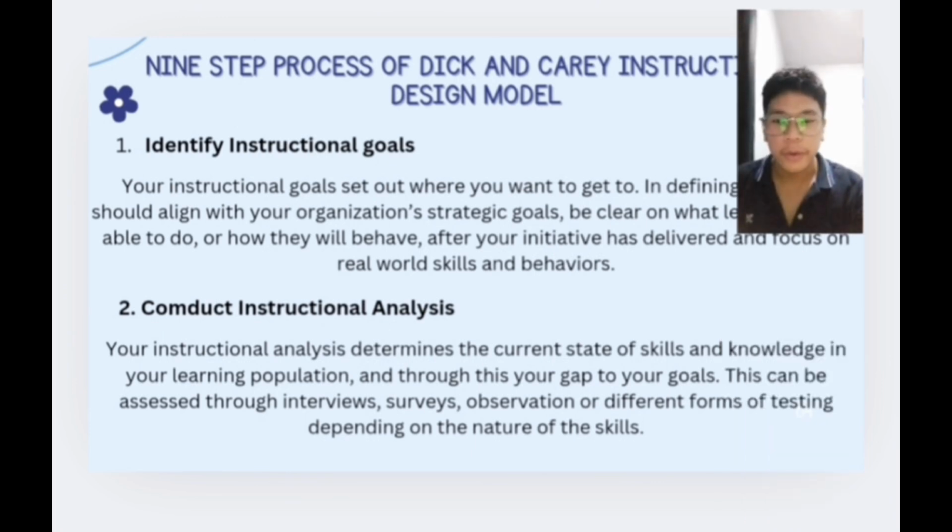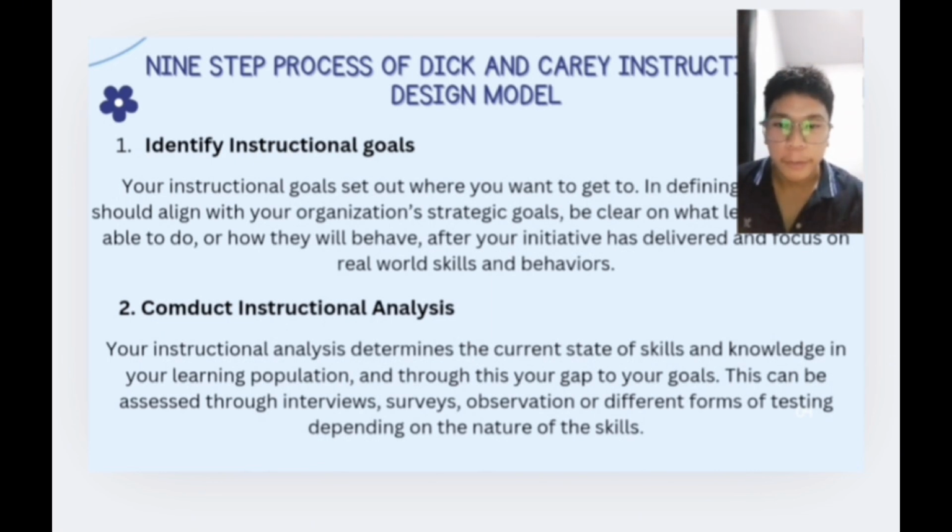So let's go ahead to number 2, conduct instructional analysis. Your instructional analysis determines the current state of skills and knowledge in your learning population, and through this, your gap to your goals. This can be assessed through interviews, surveys, observation, or different forms of testing, depending on the nature of the skills.